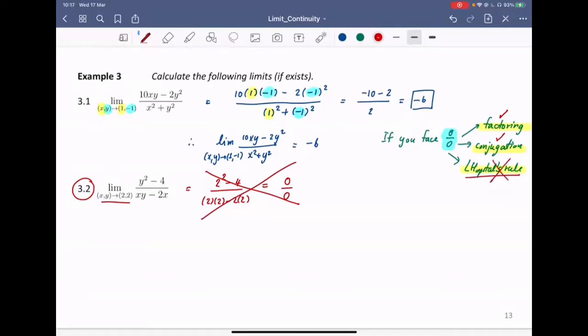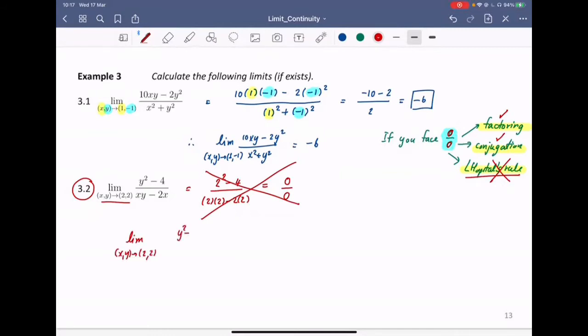So you're going to lose this, because you cannot just differentiate the top one and differentiate the bottom one. It will not work. So the best way when you face 0/0 is to simplify by factoring or conjugation. So for this question, let's do that.